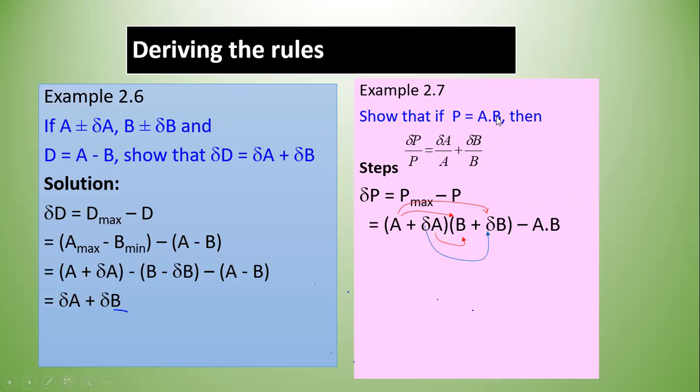P is A times B. Maximum uses A plus delta A times B plus delta B. Expand it: A times B, then A delta B, B delta A, and delta A delta B.